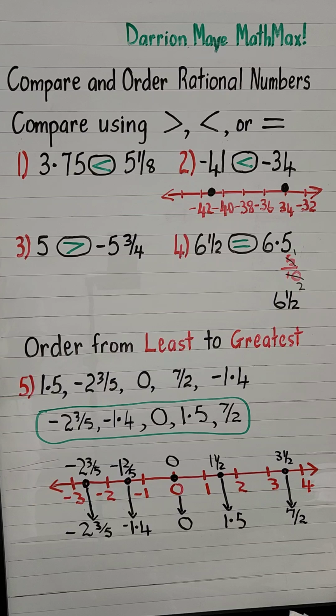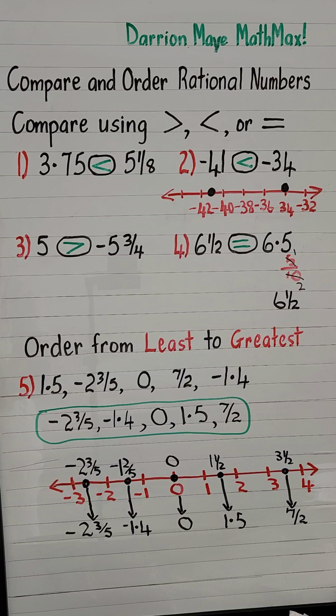And if you look at our number line, not specifically drawn to scale, just a rough sketch. So we have our numbers 1 to 3, and negative 1, negative 2, negative 3.